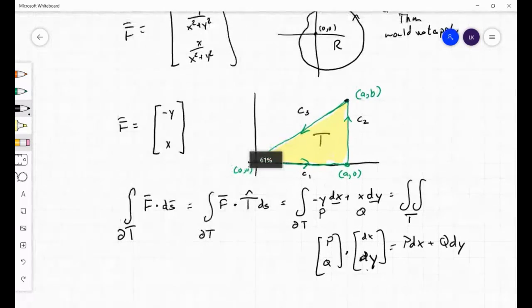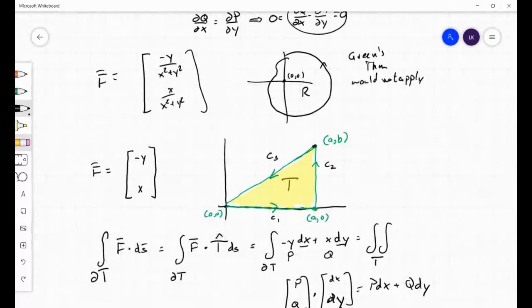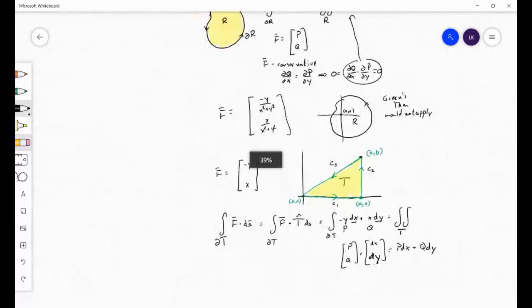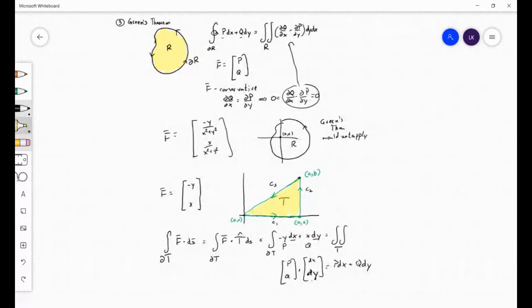So Green's theorem states we differentiate Q with respect to x. So that would be the derivative of x with respect to x minus the derivative of P with respect to y. So that would be the derivative of minus y with respect to y, so -1.